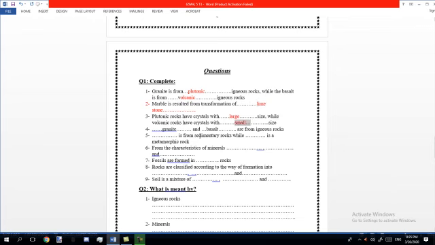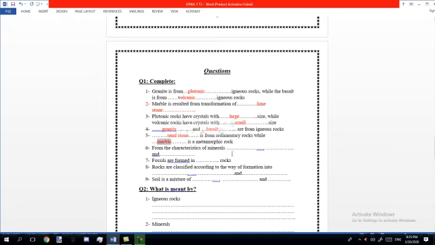Let's do the answers with the red color to be easy to catch. Okay, so we can write sandstone. Sandstone is from sedimentary rocks, while what is from metamorphic rocks? As we said, marble is a type of metamorphic rocks. You can also write limestone, as I said, and marble is a metamorphic rock.